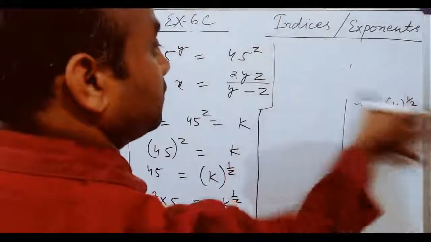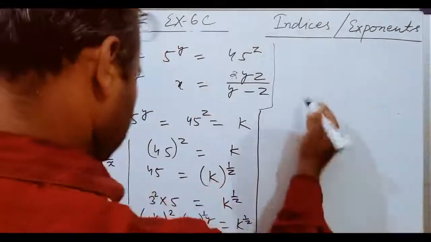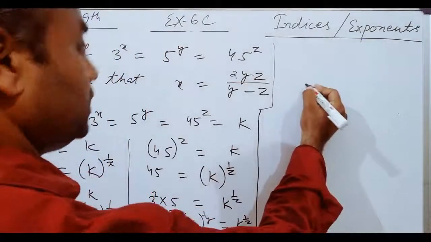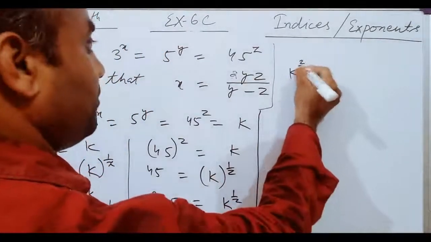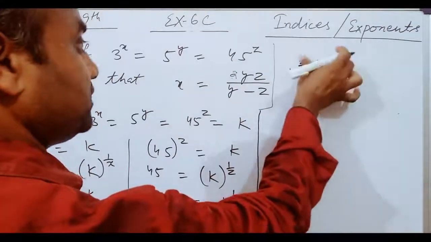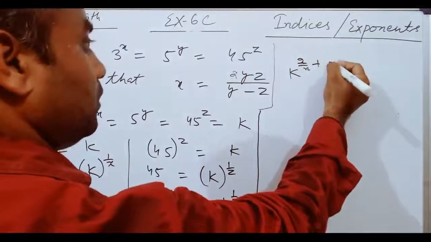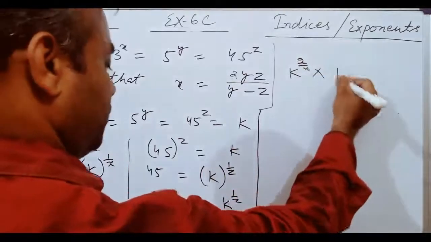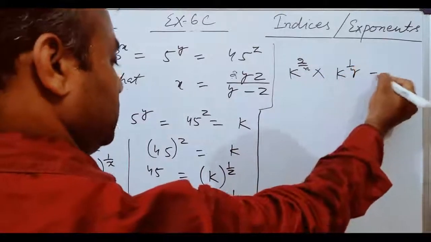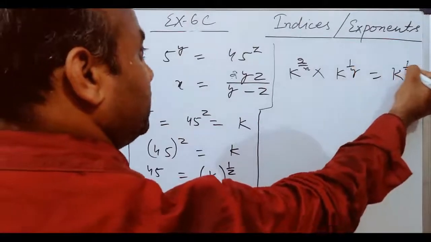Then it is k to the power 2 upon x into k to the power 1 upon y equal to k to the power 1 upon z.